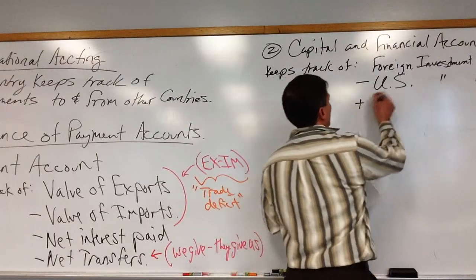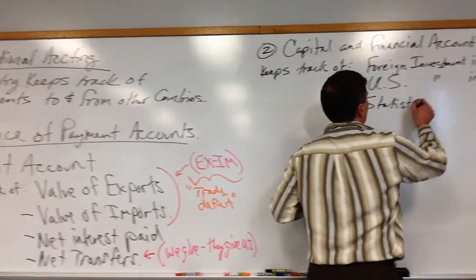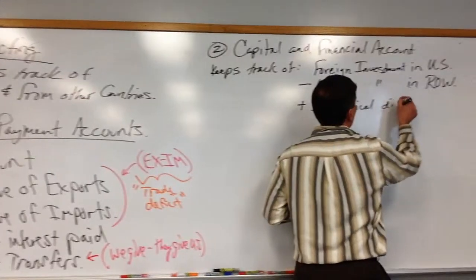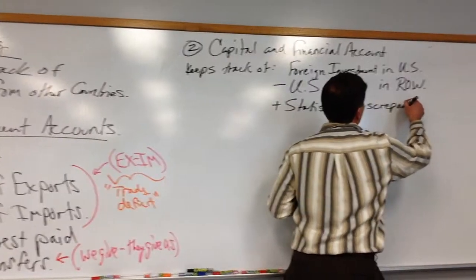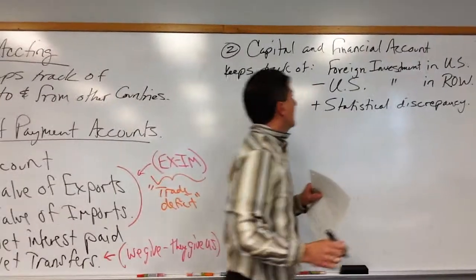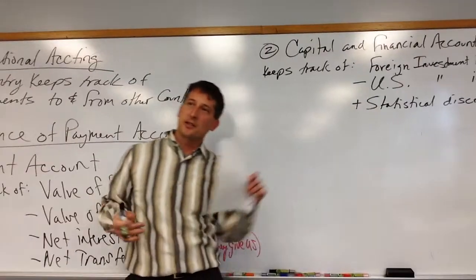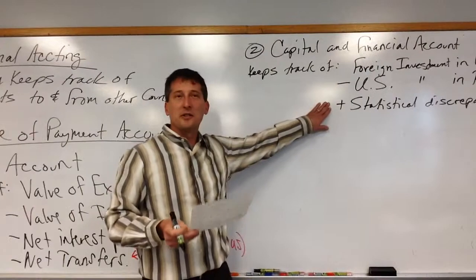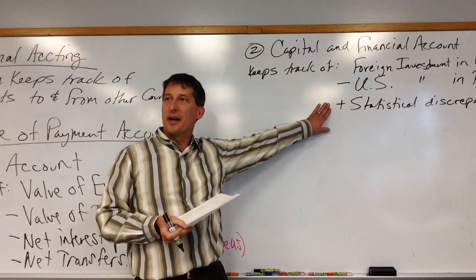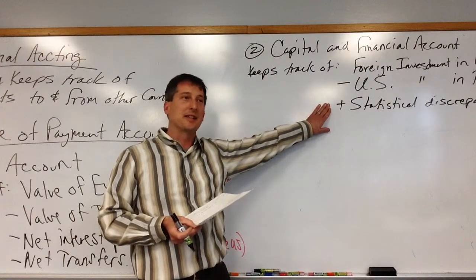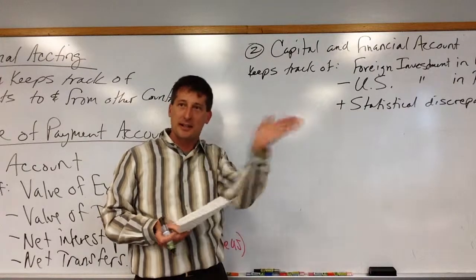And then we've got this little statistical discrepancy, because some of this stuff is pretty hard to keep track of. In theory, debits should equal credits, so this is the part that accountants really wouldn't tolerate, by the way, on a business level. They figure out every penny, right? Debits got to equal credits.